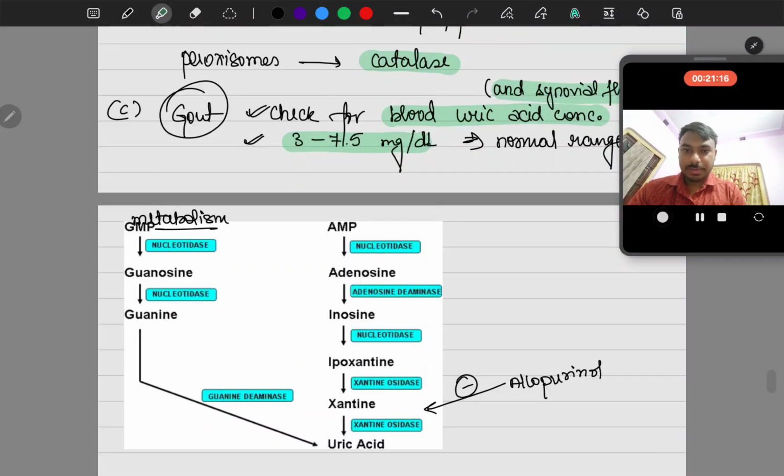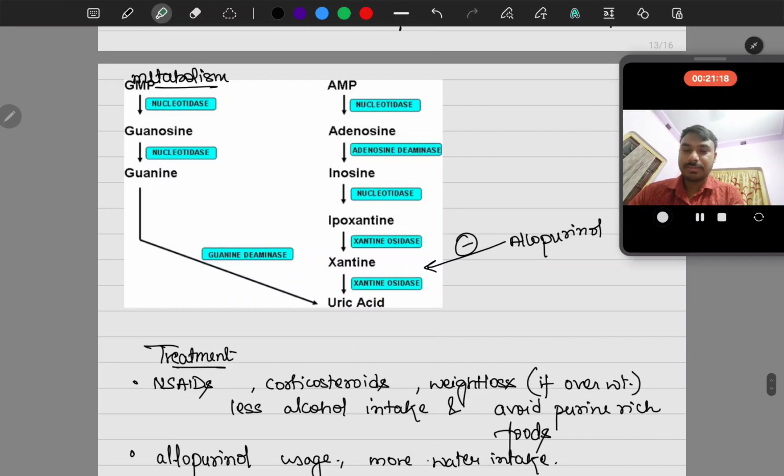Now the metabolism. In metabolism there is breakdown of AMP and GMP. What is AMP? You should know this answer, and GMP you also know this. From the AMP the adenosine is formed, and from GMP the guanosine is formed.